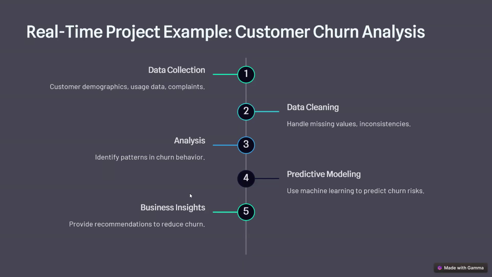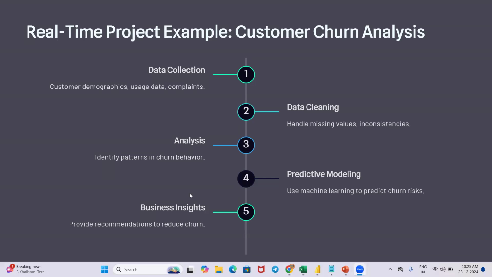So now let us try. Anyone can answer this question. Just by seeing this slide, you can answer me. What would be your action as a data analyst? What will you be doing to overcome the business problem? The problem number one is customers are leaving the organization.